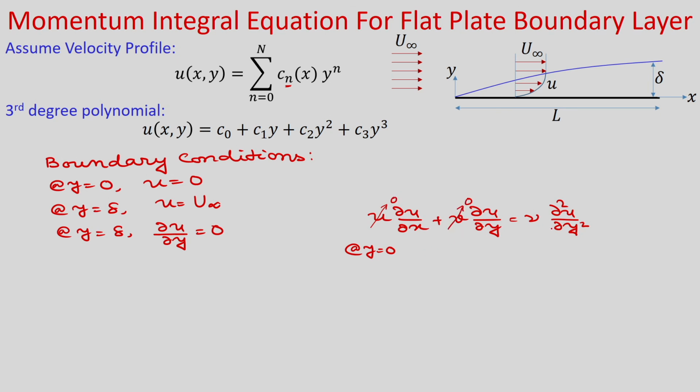So, from here you can see the boundary condition will become del 2 u by del y square is equal to 0. So, we have another boundary condition at y is equal to 0, del 2 u by del y square is equal to 0, and it is known as the derived boundary condition. So, we have this polynomial. Now, you invoke these boundary conditions.